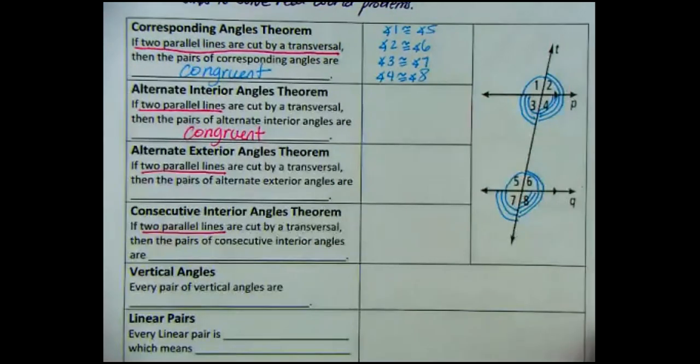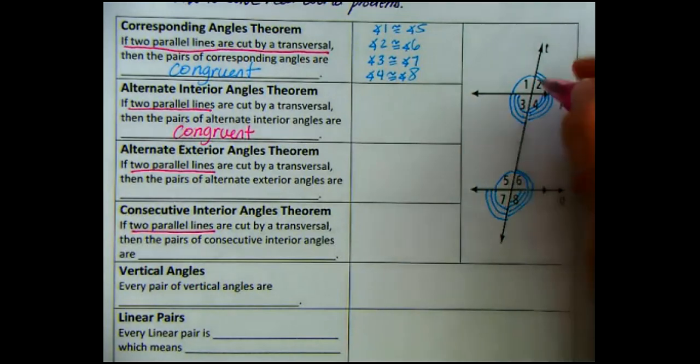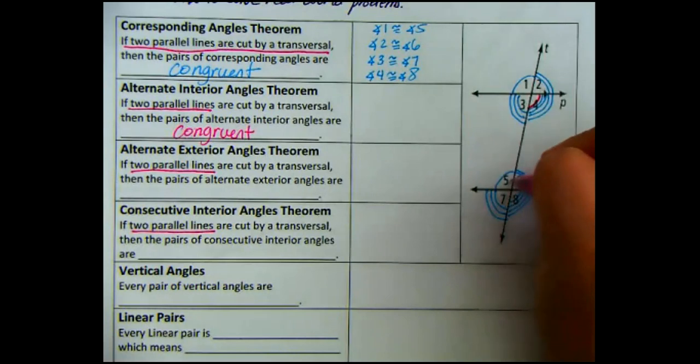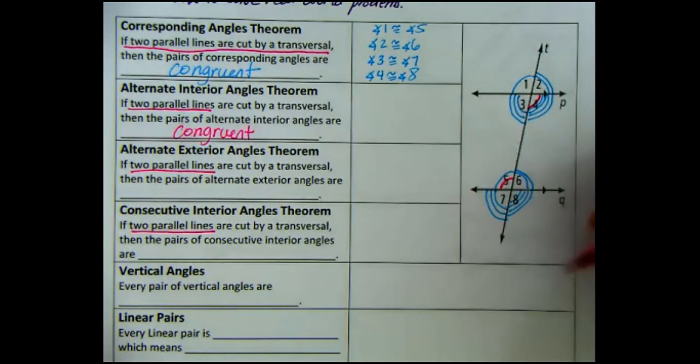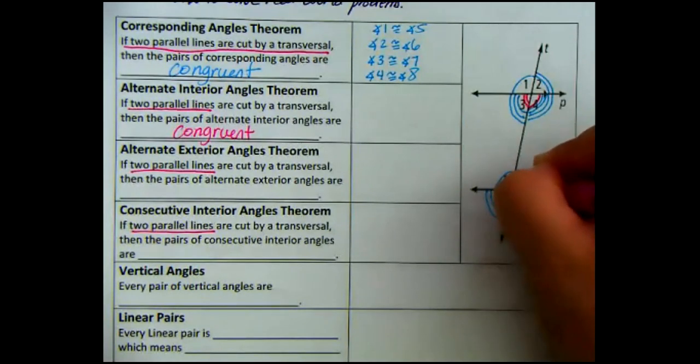So let's take a look at our alternate interior angles here. That's going to be angle 3 and angle 6, and then angle 4 and angle 5, right? So now angle 4 is congruent to angle 5, and angle 3 is congruent to angle 6.